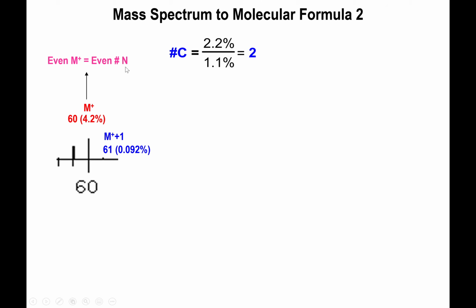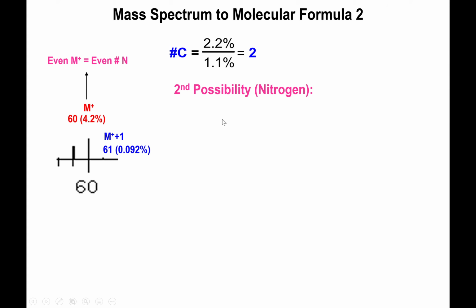And perhaps that number is not equal to 0, like it was in the case where we selected 2 oxygens, but maybe it is 2. Now it's important to notice here that because the N plus peak is even, you have to have an even number of nitrogens. So the possibility of having 1 oxygen and 1 nitrogen is not a possibility, because you must have two nitrogens if the value is even right here, right?